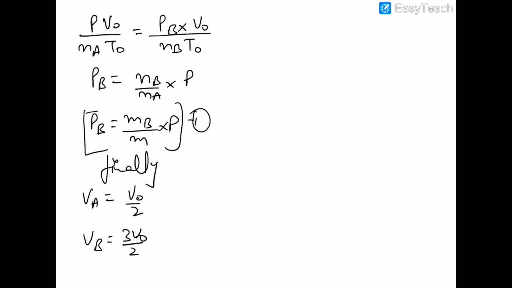The process occurring in gas A is adiabatic process, so we can write that P initial of gas A was P, volume was V naught to the power gamma, gamma is given as 3 by 2, is equal to P final of gas A into final volume of A, which is V naught by 2, to the power 3 by 2.